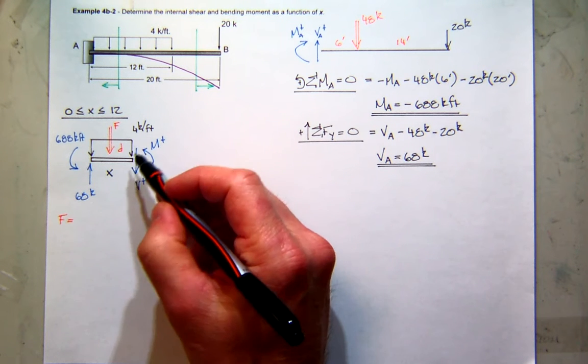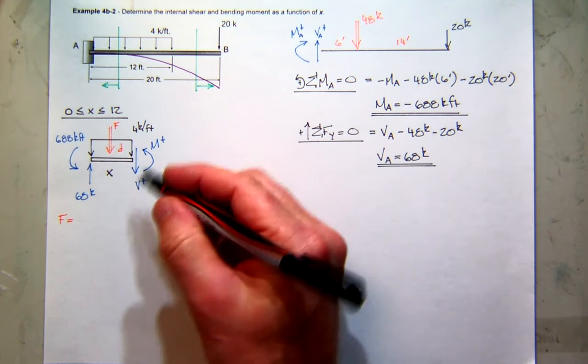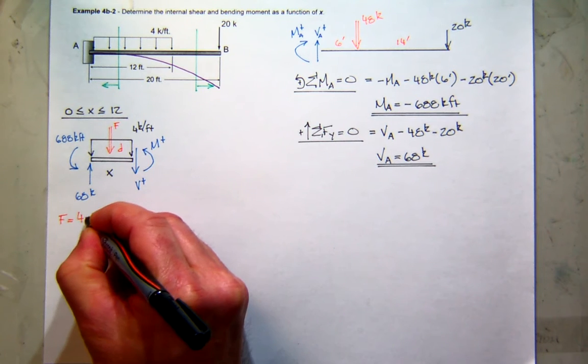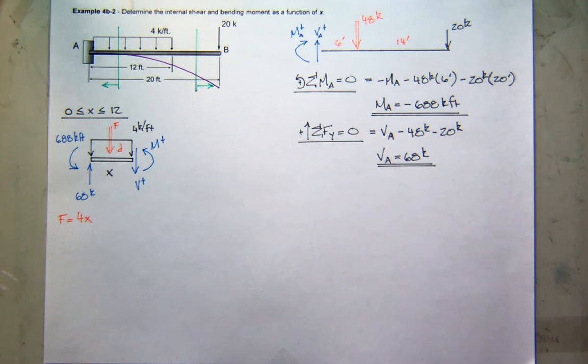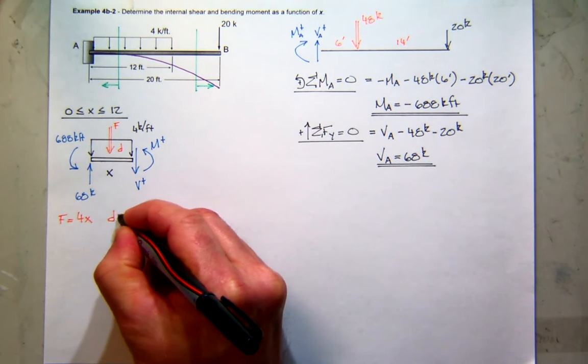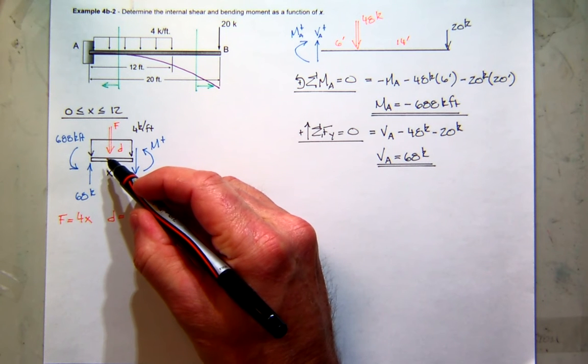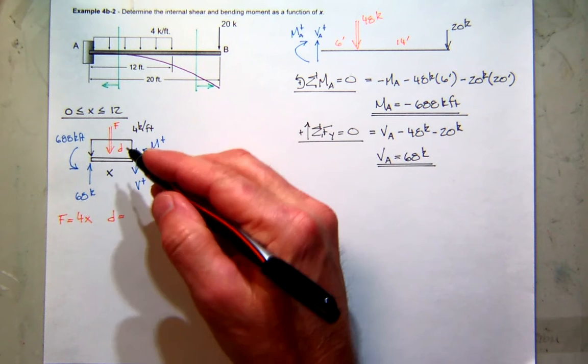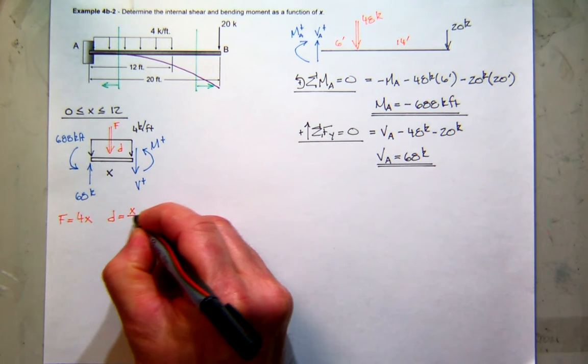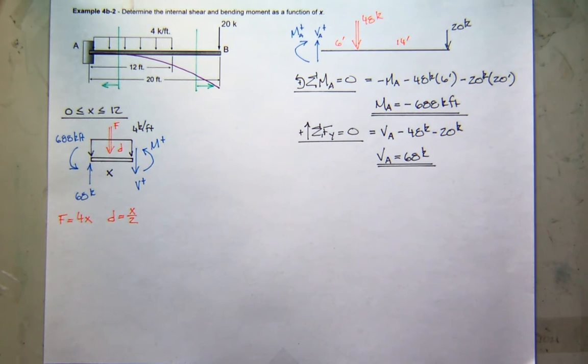Base times height. Base is x, height is 4. So my force is just going to be 4x. And the distance from the cut to the centroid of the rectangle is always what? Half the distance. And the distance is x. So half of that will be x over 2. So there's all the pieces.